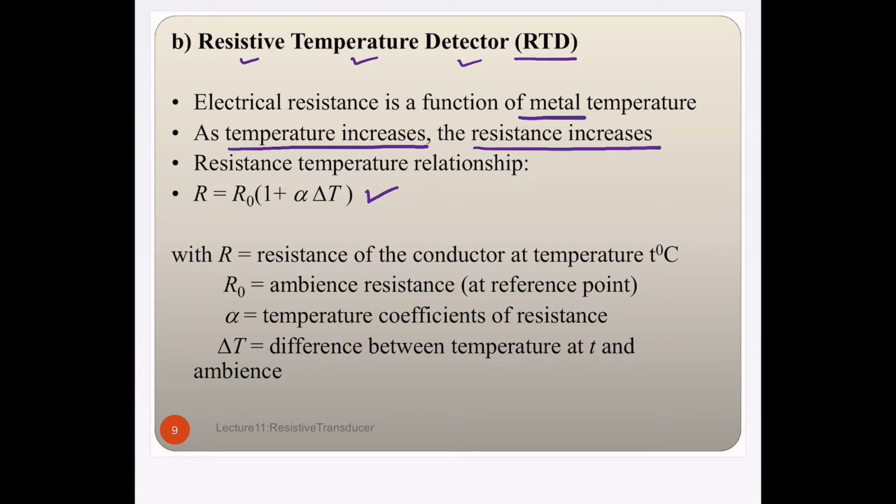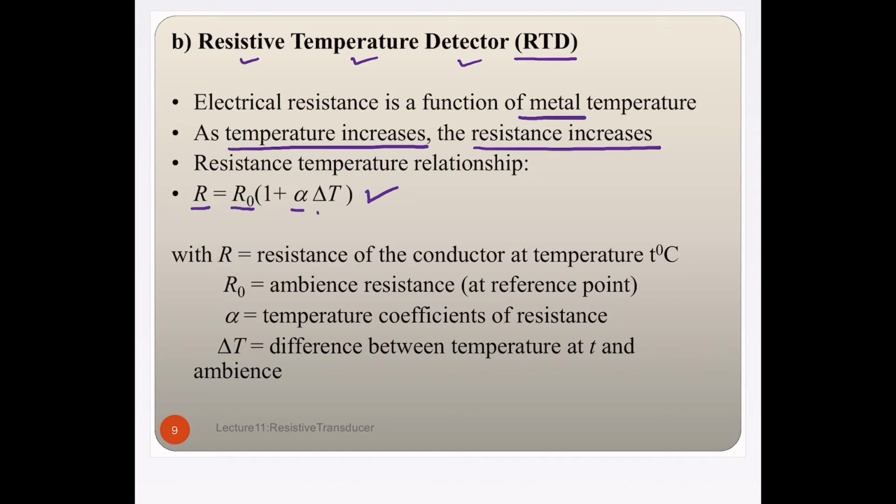You can see here, this is the resistance for the temperature that we measured. R0 is the resistance at the reference temperature. Alpha is the temperature coefficient of the resistance, and it also depends on the type of metal used as the RTD.